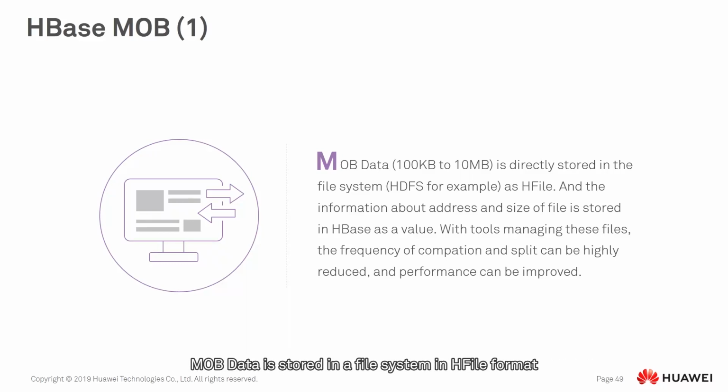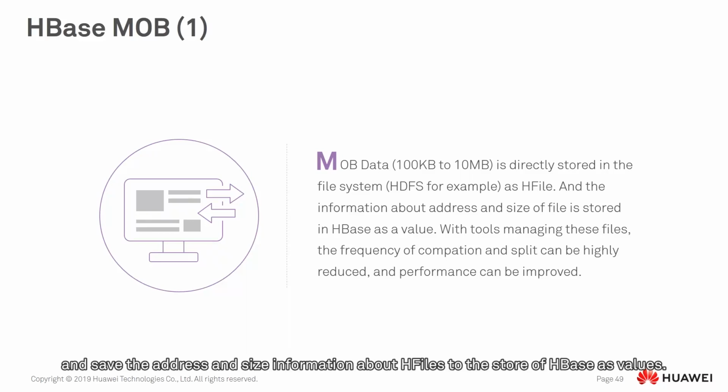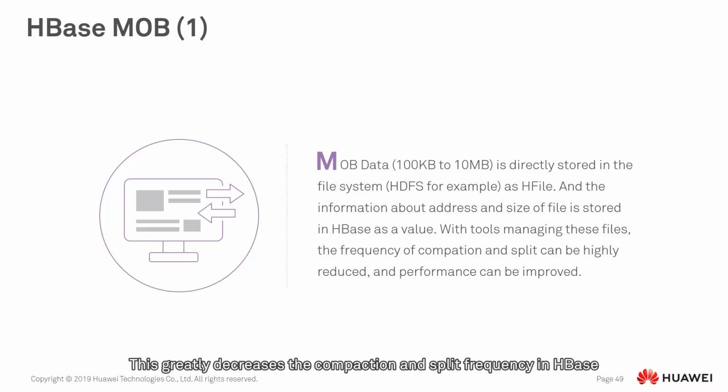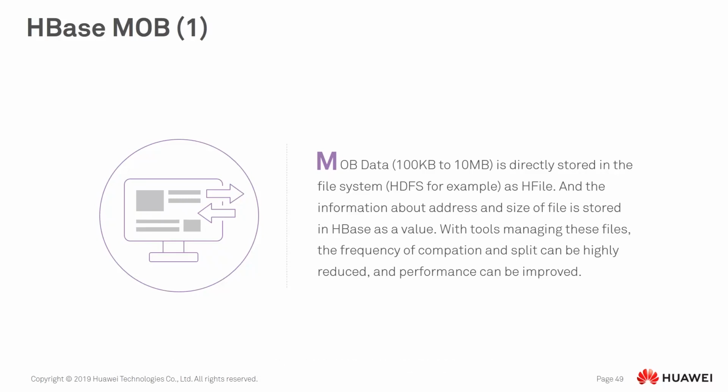MOB data is stored in a file system in H file format, and the address and size information about H files is saved to the store of HBase as values. This greatly decreases the compaction and split frequency in HBase and improves performance.